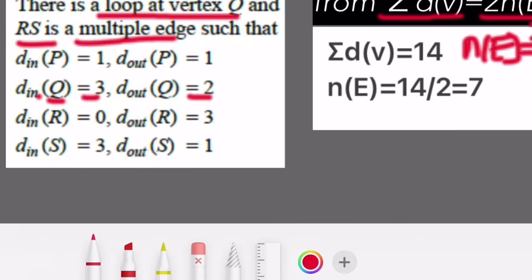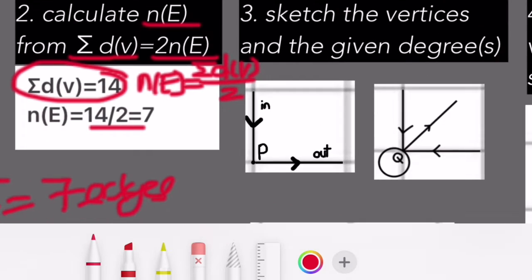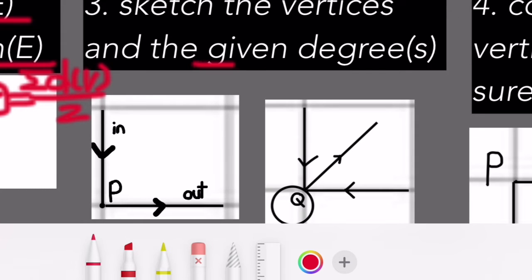If you sum up here, we have 2, 5, 3, 4. So in total we have 14. We divide by 2 to get 7 edges. So we'll draw 7 lines, right? Okay, sketch the vertices and given degrees.